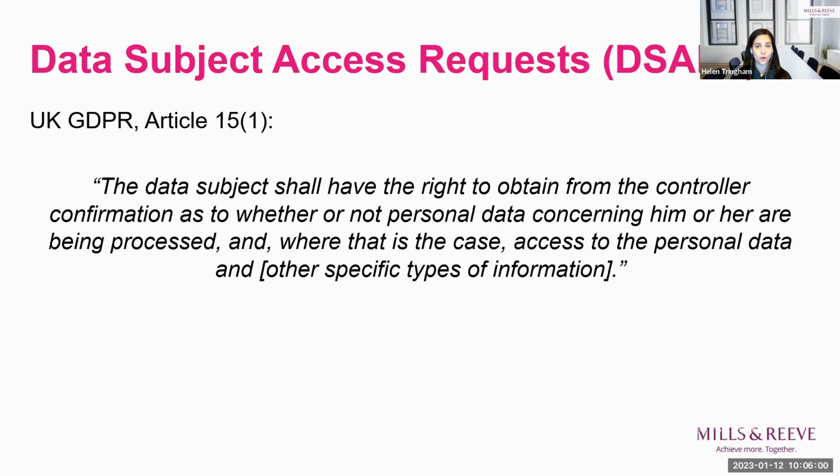Second, access to a copy of their personal data, usually free of charge. And thirdly, certain additional details about how their personal data is handled, which are at a fairly generic level that you would expect to be provided in a privacy notice. The right is not to be provided with a copy of specific documents, but instead is to see the parts of the documents that contain their personal data.